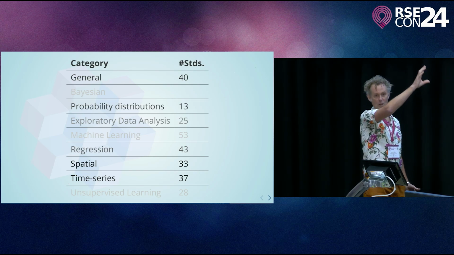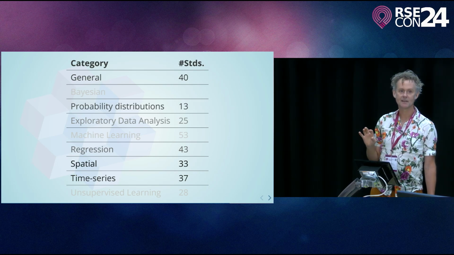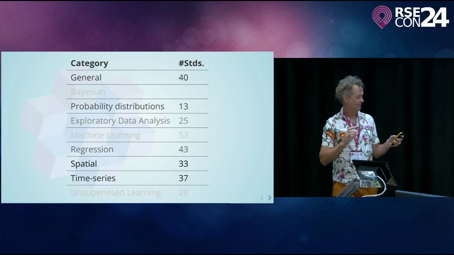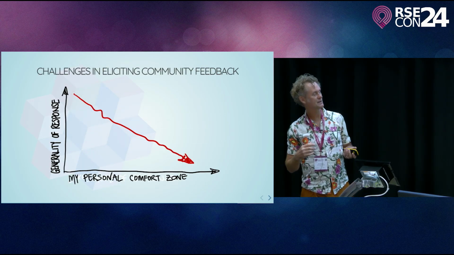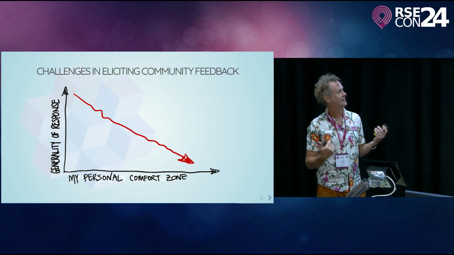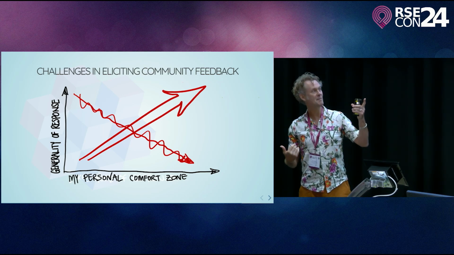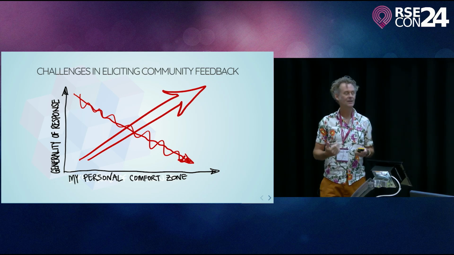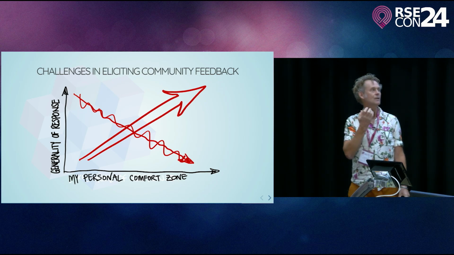The further away I go from these dark areas, the less comfortable I'd be doing that. And so it suggests that if you replace likelihood of response by my personal comfort zone, then the relationship becomes positive. Uncomfortable for me to step out of that comfort zone, but that relationship itself then becomes quite positive.